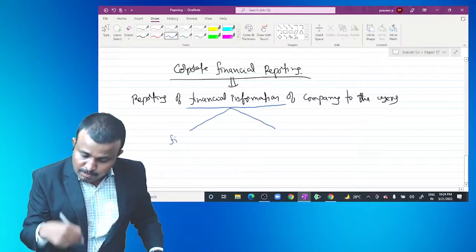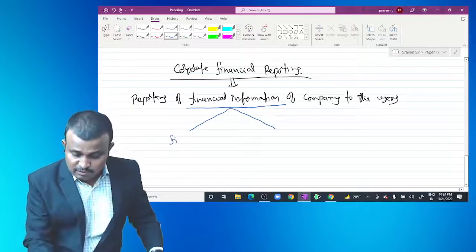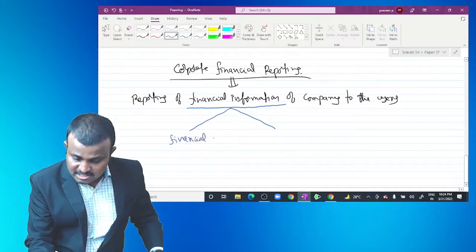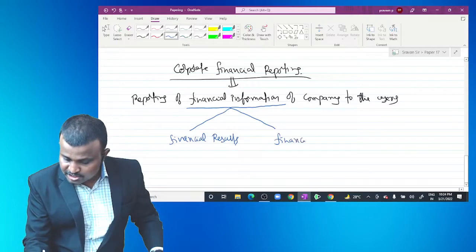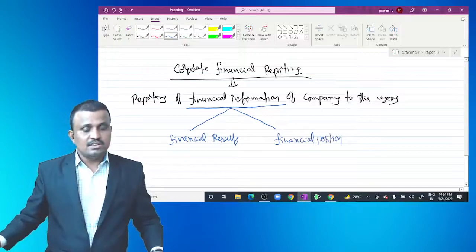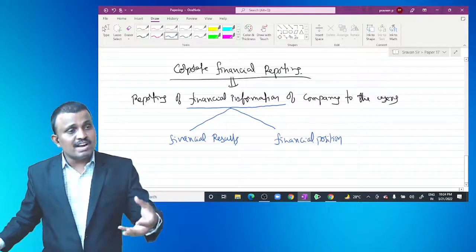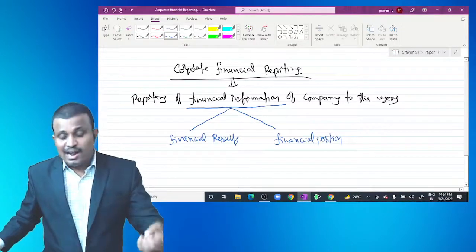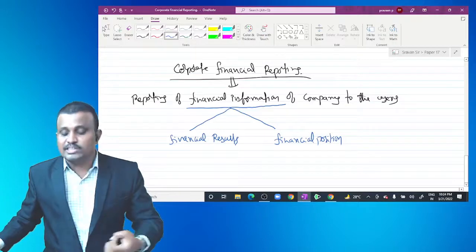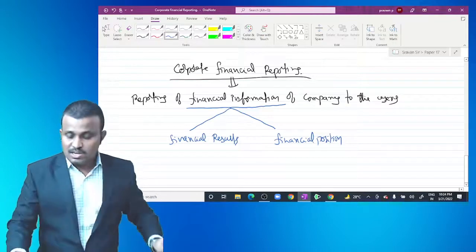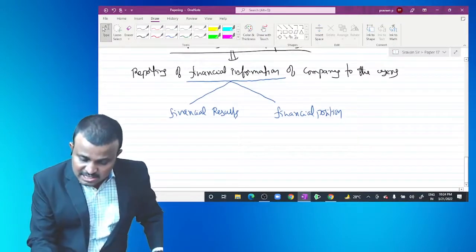One is communicated in terms of what? Financial results and financial position of the entity. So, reporting of the financial results and financial position of the company to the user. Here, financial results indicate what?